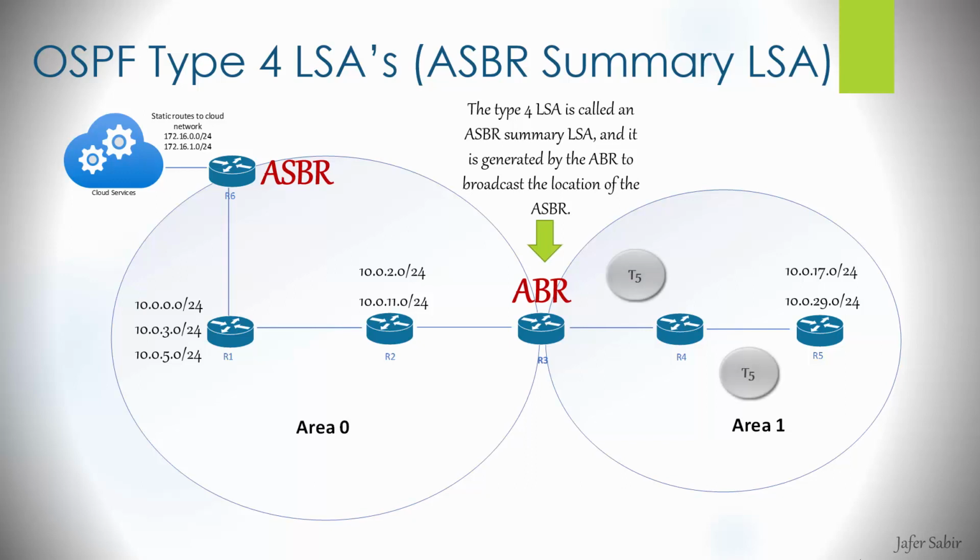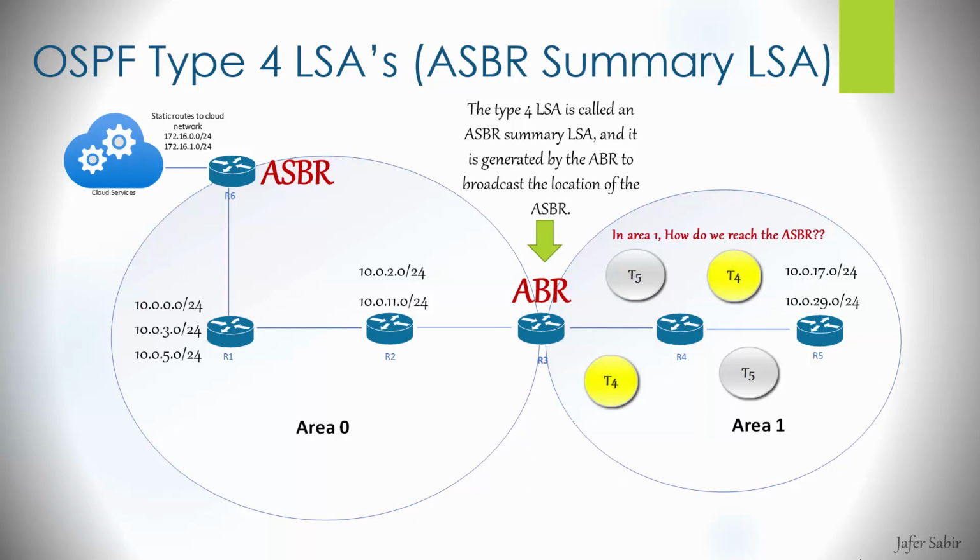However, when the Type 5 LSAs reach into other areas, such as Area 1, routers in Area 1 get to find out that to get to the 172.16 networks, go via the ASBR R6, which has a router ID of 6.6.6.6, for example. So go via that router ID. But they don't know how to reach the ASBR 6.6.6.6.